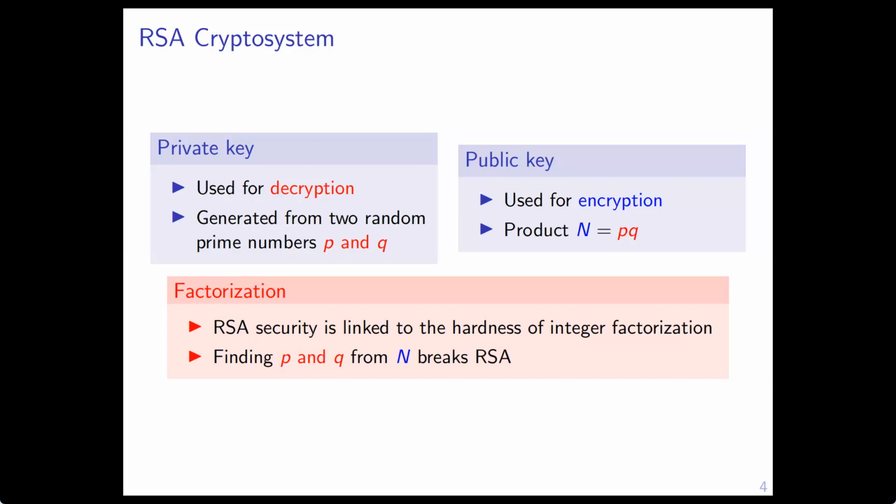The private key is used for decryption and is generated from two random prime numbers P and Q. And the public key used for encryption is the product PQ, which is N. So the security of this cryptosystem is directly linked to the hardness of integer factorization, as if you can find P and Q from N, you can basically find the private key from the public key, which breaks it.